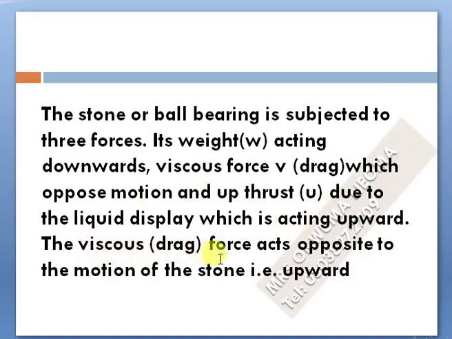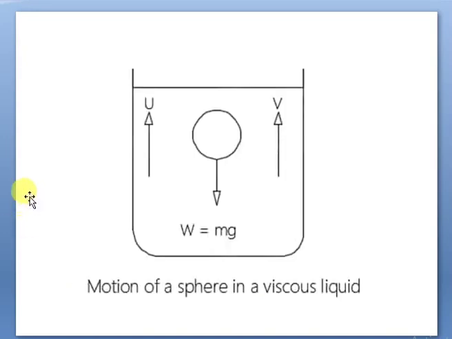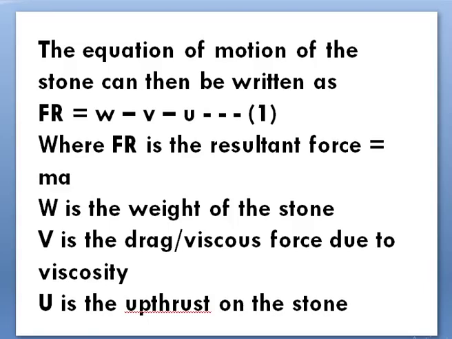The viscous drag or force acts opposite to the motion of the stone, that is upward. From our diagram, when this stone is falling freely and as it is moving, a time comes when the weight of this stone will balance the viscous force or the viscous drag, and when such speed is attained, we say we have reached a constant or terminal velocity.